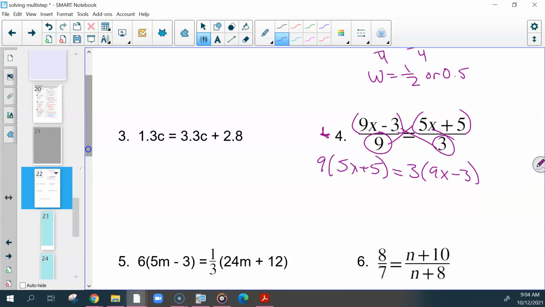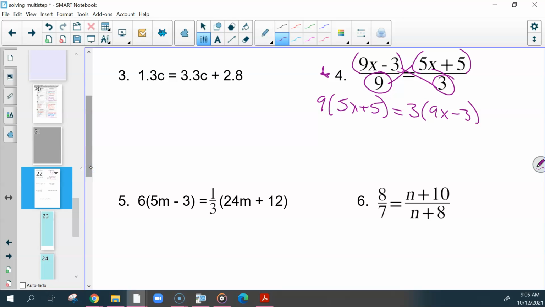What I cannot do is put these together and these together, like 3 times 5x plus 5. They have to be across from each other, diagonally across. Once you have this rewritten, you can start solving it.